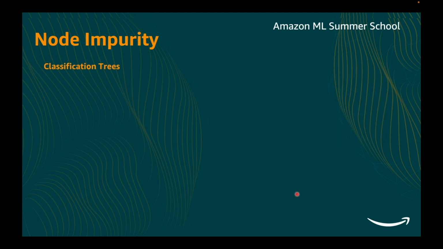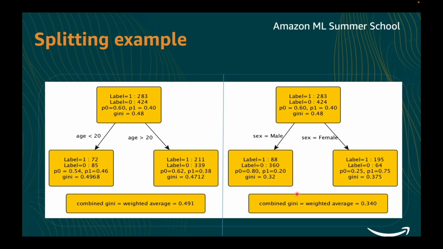To go back to this example, in this tree the fraction of examples falling into class number 0 is 64 divided by 64 plus 195. We take that and square it, and then we also take the fraction of examples falling into class number 1, which is 195 divided by 64 plus 195.